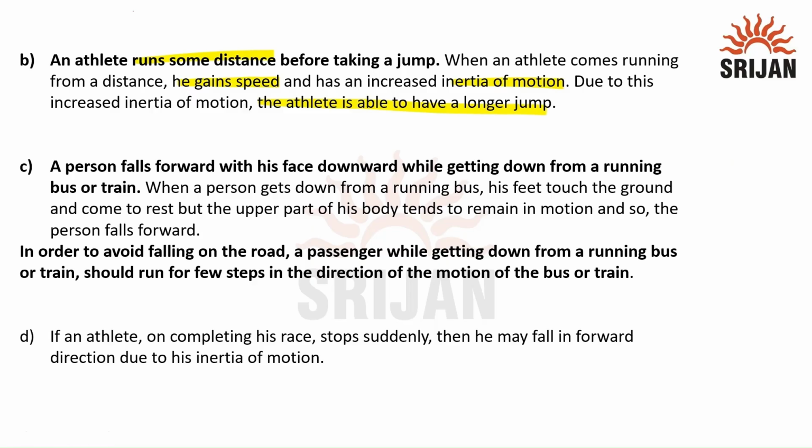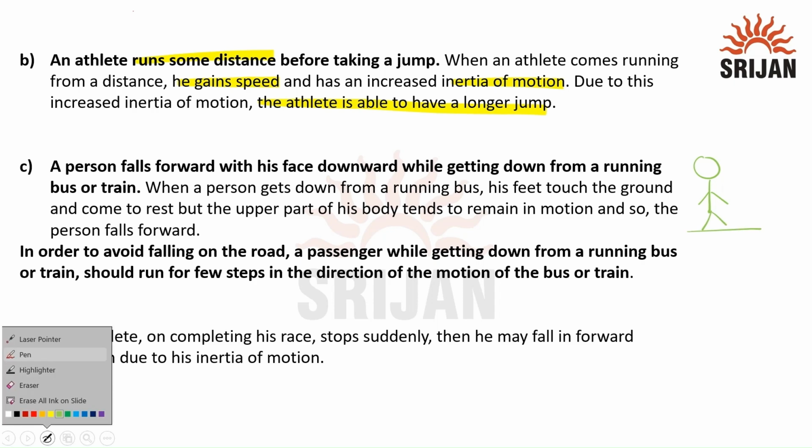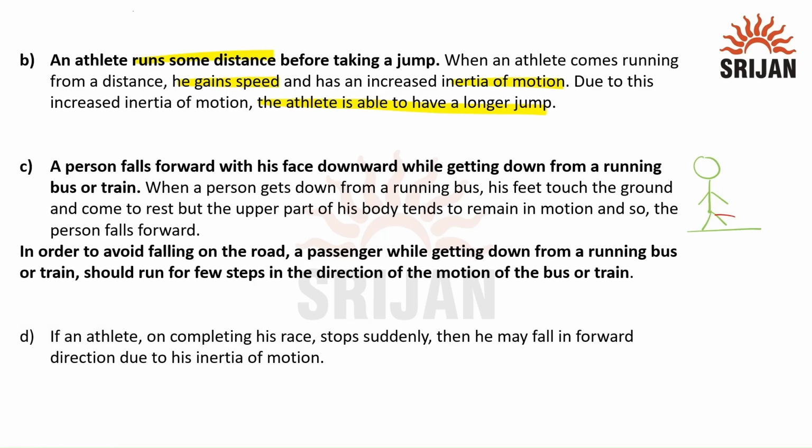Moving on to the next example, a person falls forward with his face downward while getting down from a running bus or a train. So let me make a diagram of this situation. This is the rough diagram of a person, and these are his feet which are in contact with the ground. This is the lower part of the person which is in contact with the ground, and this is the upper part of the person which is not in contact with the ground.